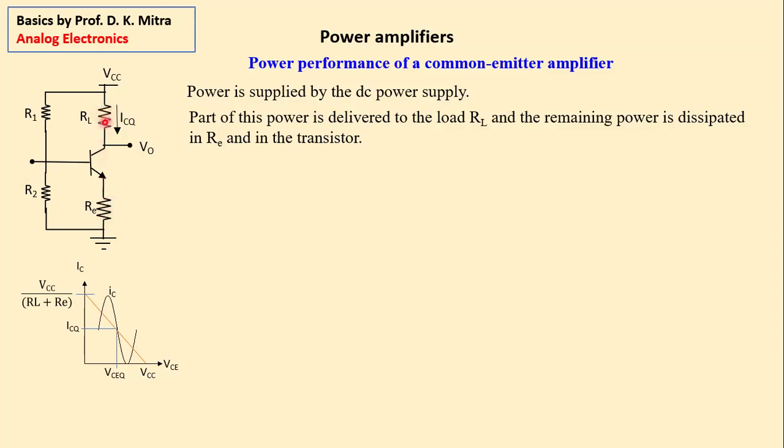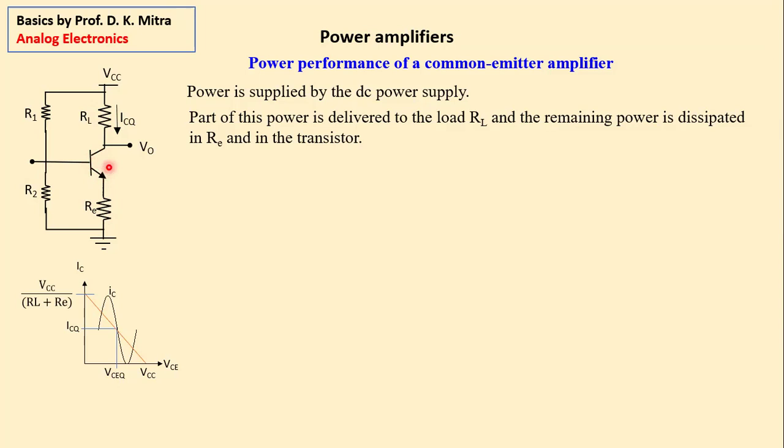RL also becomes hot, power is delivered here. And the transistor also becomes hot because the voltage across the collector-emitter terminals multiplied by the current passing through it is equal to the power dissipated in the transistor. This power normally generates heat in the transistor.